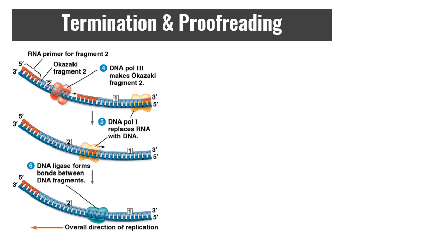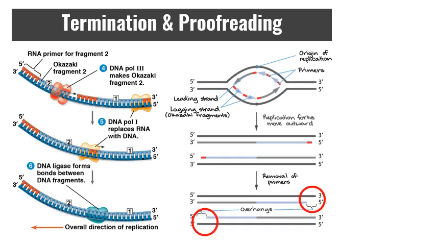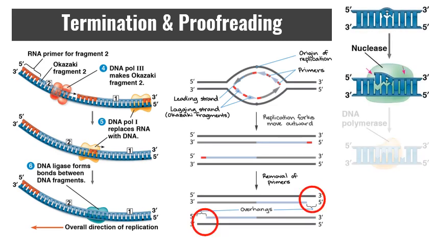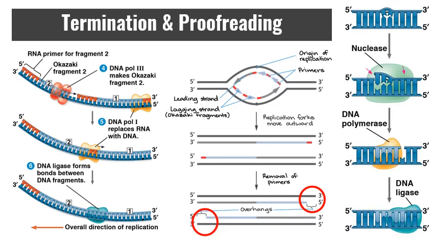DNA ligase will seal the Okazaki fragments together, connecting the leading and the lagging strands by forming phosphodiester bonds. In addition, ligase will work with nucleases and polymerase to correct any errors in DNA sequencing. It's not 100% accurate, but it does reduce the error rate significantly.